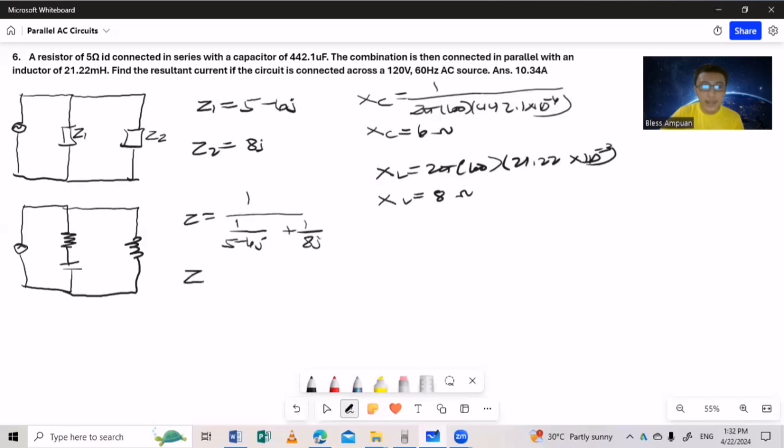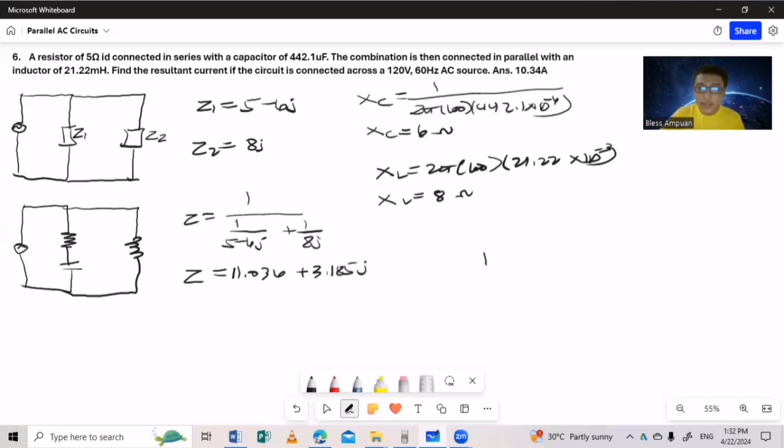So our total impedance is equal to 11.036 plus 3.185j.